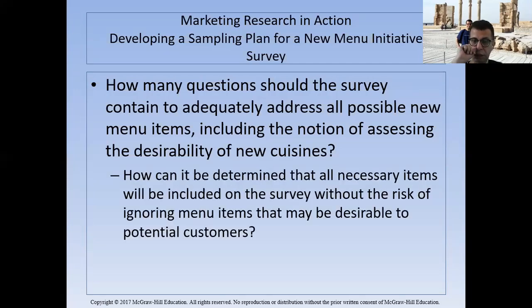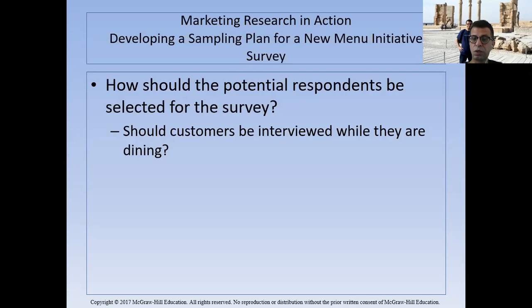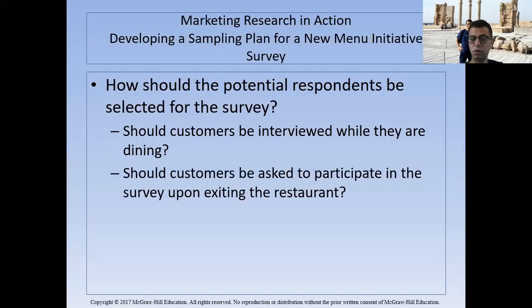So these are the things you're looking for: how can I determine all necessary items, including the survey, without the risk of ignoring the old menu and bringing in the new menu? And how should a potential respondent be selected? How am I going to select them? Should the customer be interviewed in the dining room or before they leave, or asked for a phone number to send them emails?